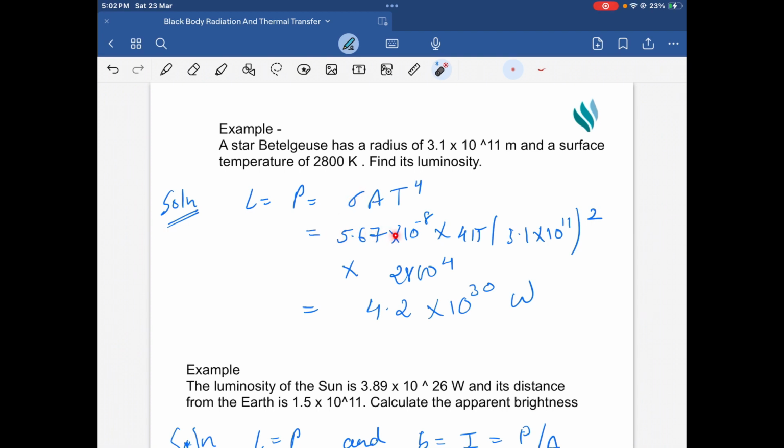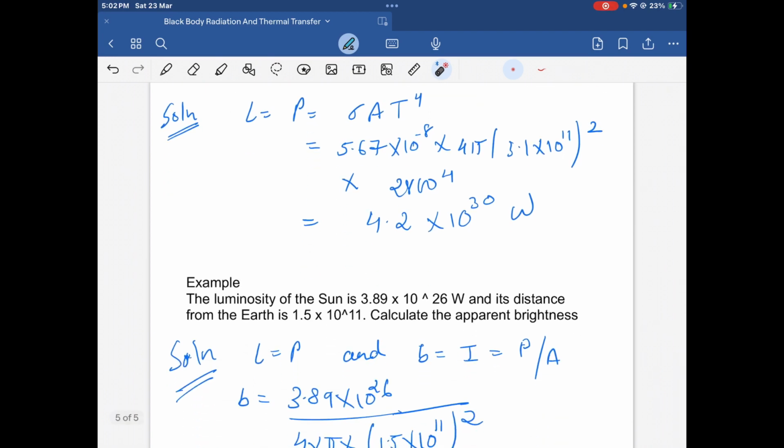Sigma is the Stefan-Boltzmann constant, 5.67 into 10 to the power minus 8. Area is 4 pi r square. R they have given, and T also they have given. So just plug in the values and the calculator will give the answer 4.2 into 10 to the power 30, a really high value of power radiated from the star.